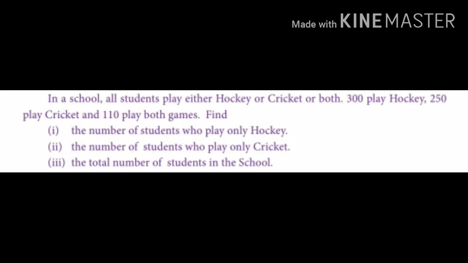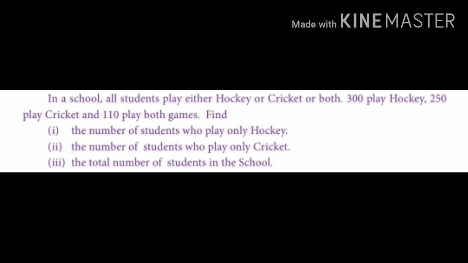First one: in a school, all students play either hockey or cricket or both. 300 play hockey, 250 play cricket, and 110 play both games. We have to find out, first, the number of students who play only hockey; second, the number of students who play only cricket; and third, the total number of students in the school.